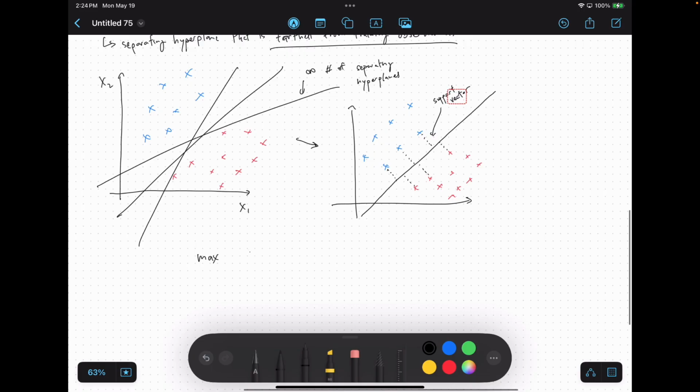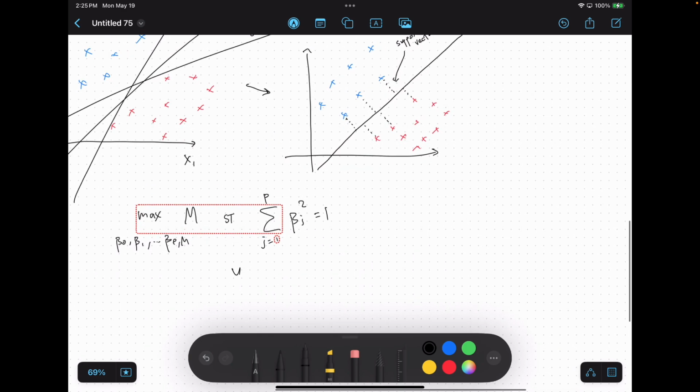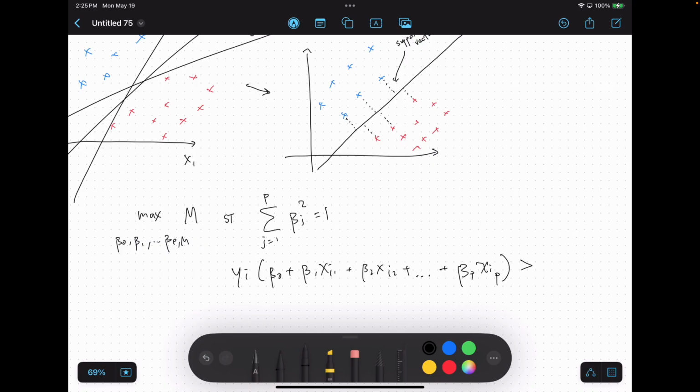But the idea is we want to maximize our margin M subject to our parameters, such that the sum over j equals 1 to p of beta j squared equals 1, with a constraint that yi times (beta 0 plus beta 1 xi1 plus beta 2 xi2 through beta p xip) is greater than or equal to M for all i equals 1 through n.